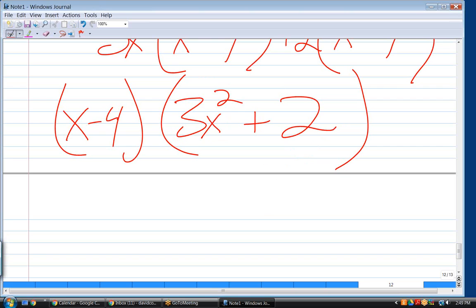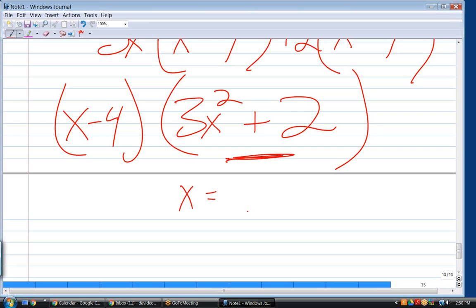Since it can't be equal to 0, it's got to be imaginary solutions. So if they wanted you to fully factor this, then you have to apply the quadratic formula to that part of it. I'm not sure if he wants us to do that. You don't know if he wants you to do that? Well, let me just make sure that you know how to do it if he did.